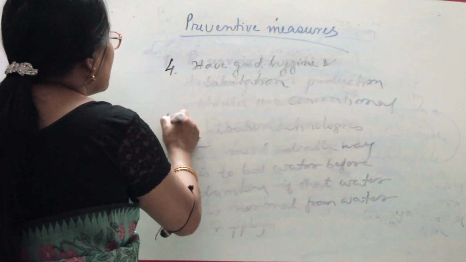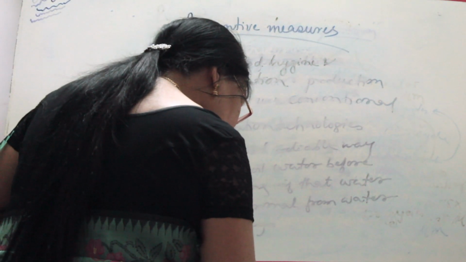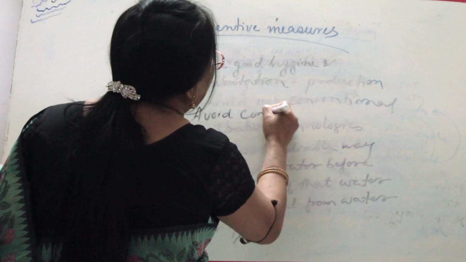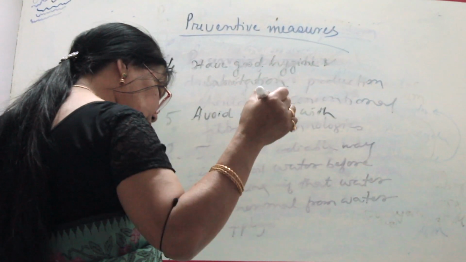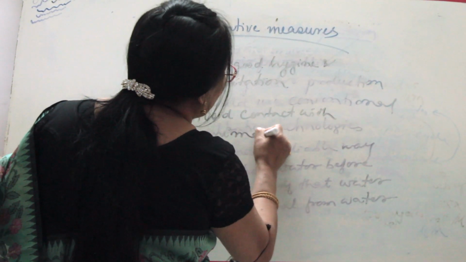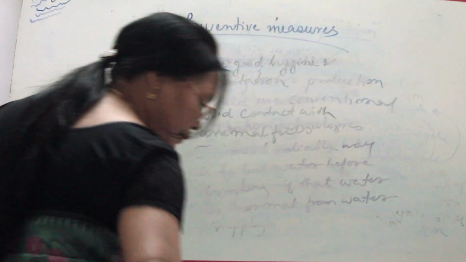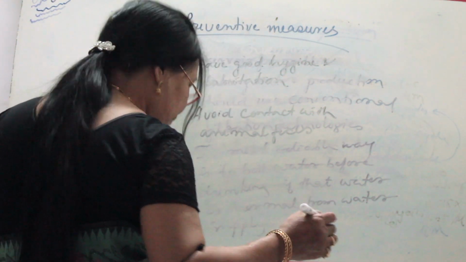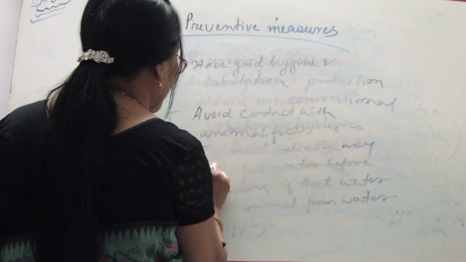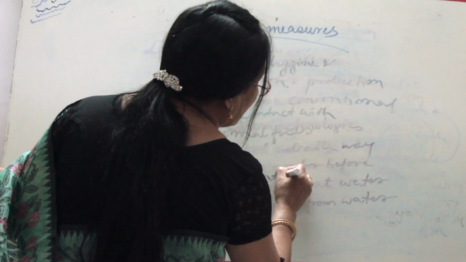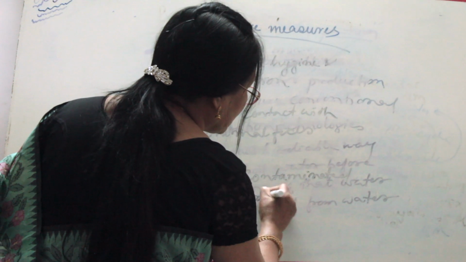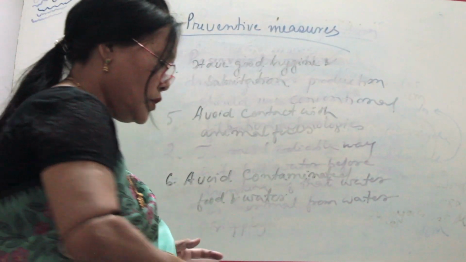And number 5, people should avoid contact with animal feces. And avoid contaminated food and water.